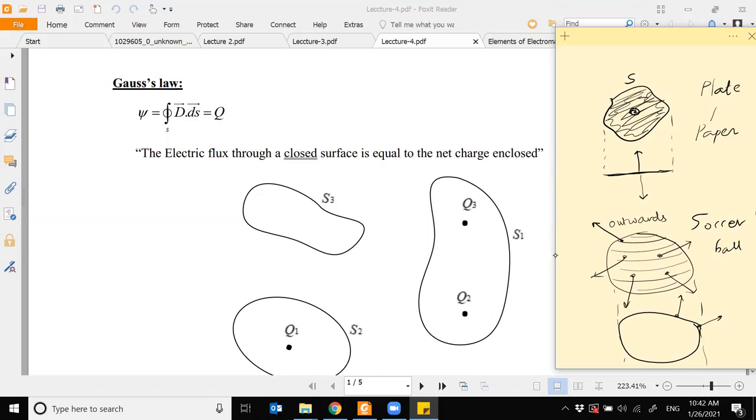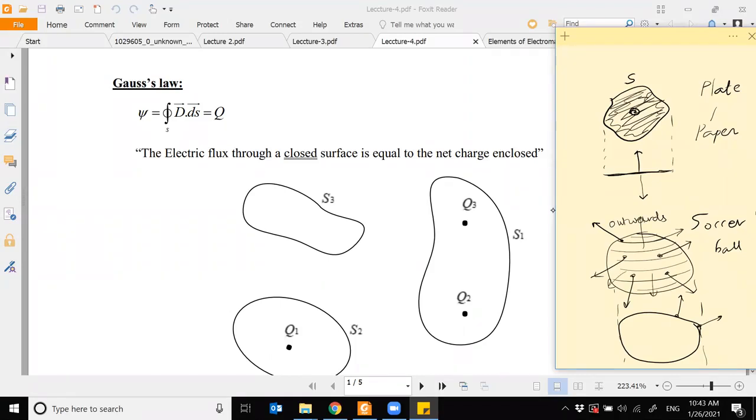So now what Gauss law is saying is that the total flux which is coming out of this closed surface, okay, so this is my closed surface, is equal to the net charge enclosed.